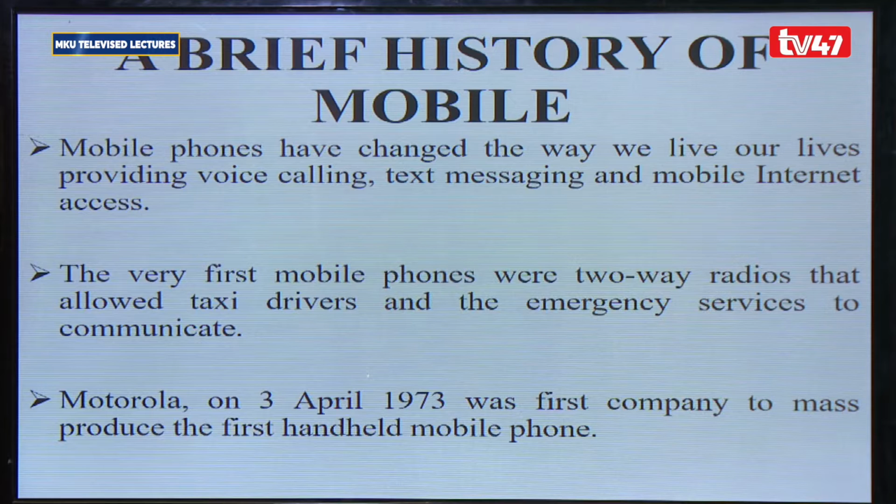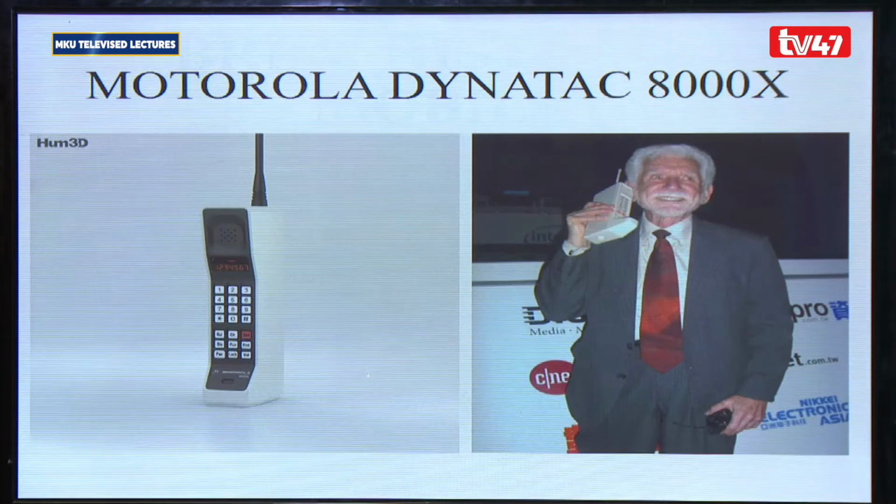But in 1973, to be very specific, on 3rd April, the Motorola company made the mobile phone commercial so that ordinary people would be in a position to purchase one. So in 1973, civilians were able to access a phone. That's a sample of the Motorola 8000X, and that was the founder of the mobile.